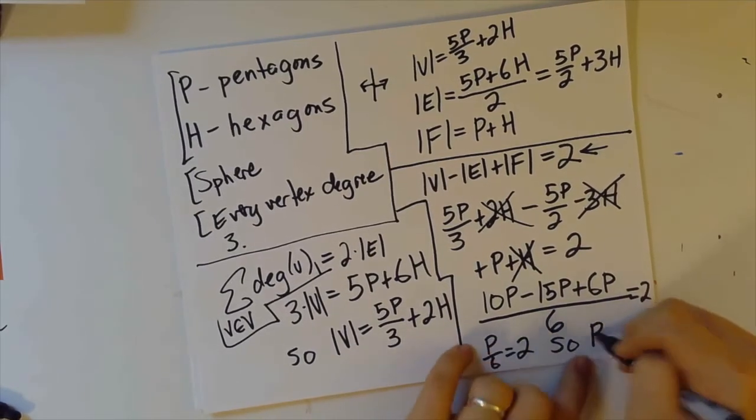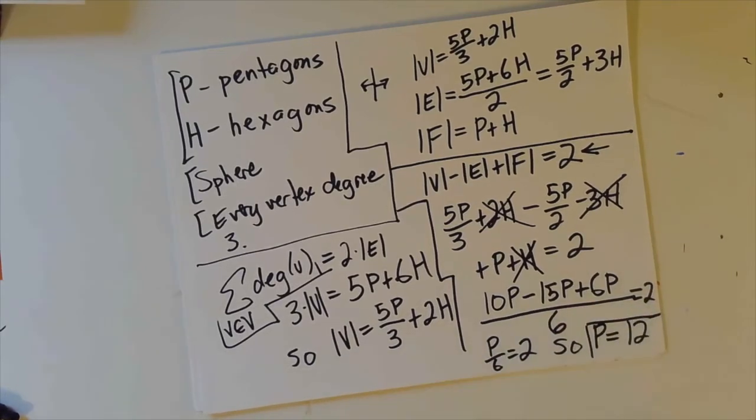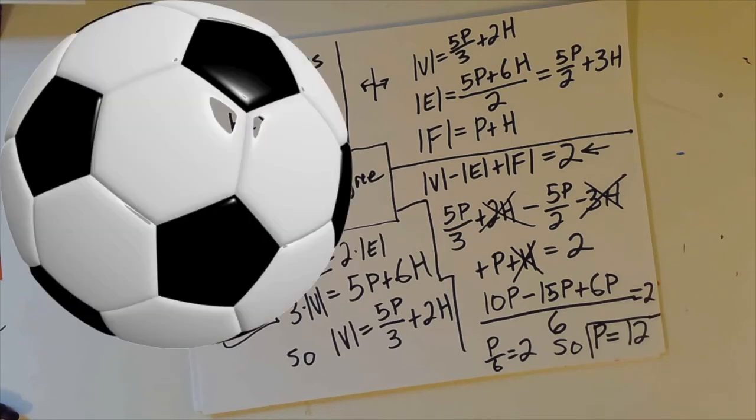And so that gives me a theorem that for soccer balls that I have defined in this fashion, p is always 12, meaning there are always 12 pentagons. So if you grab your favorite soccer ball and you count the pentagons, there will always be 12 of them. They're usually the ones in black.